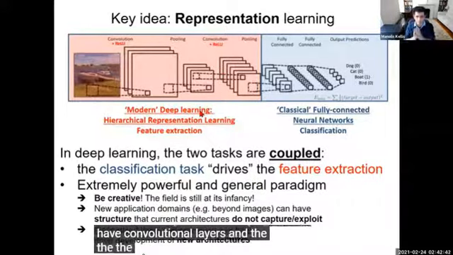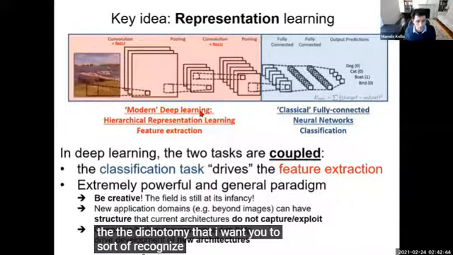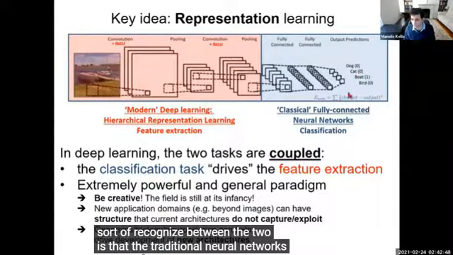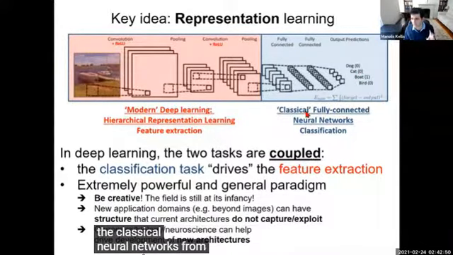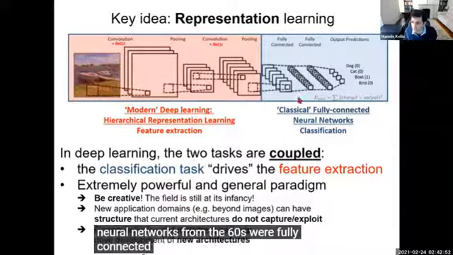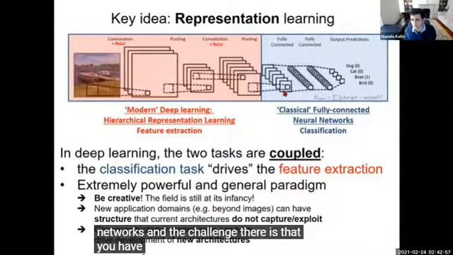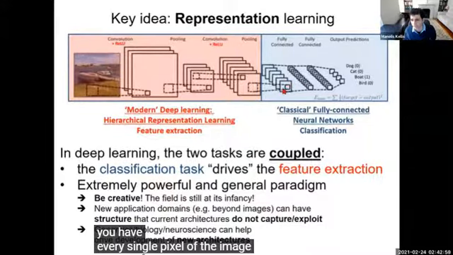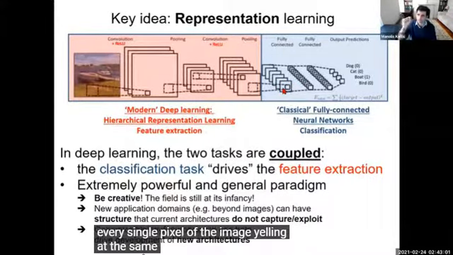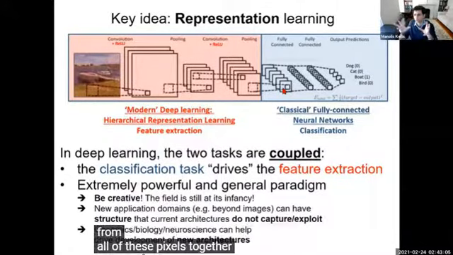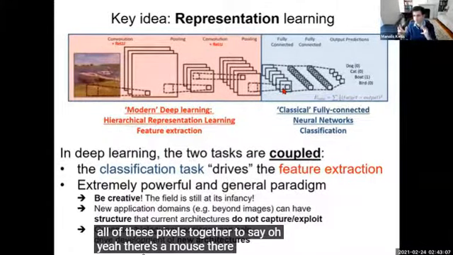And the dichotomy that I want you to recognize between the two is that the classical neural networks from the 60s were fully connected networks. And the challenge there is that you have every single pixel of the image yelling at the same neuron. And it's impossible from all of these pixels together to say, oh yeah, there's a mouse there.